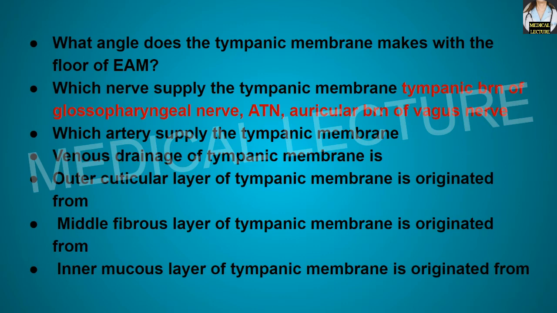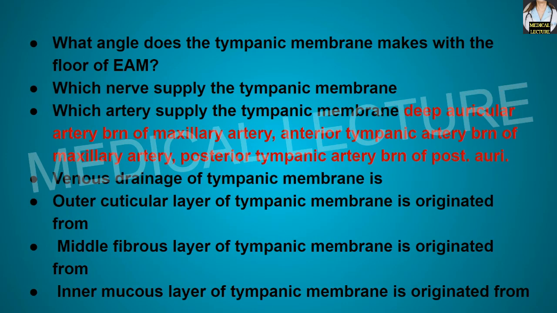Now which artery supplies the tympanic membrane? It is the deep auricular artery, a branch of the maxillary artery, the anterior tympanic artery, a branch of the maxillary artery, and the posterior tympanic artery, a branch of the posterior auricular artery.